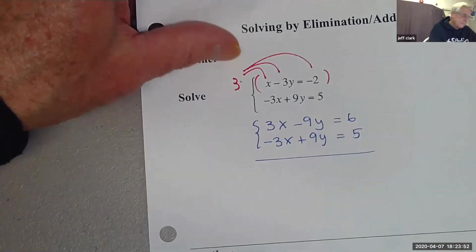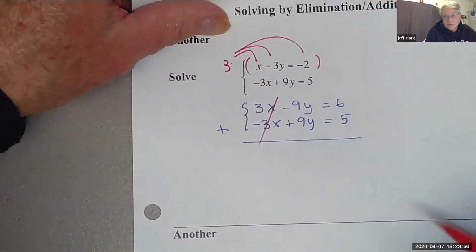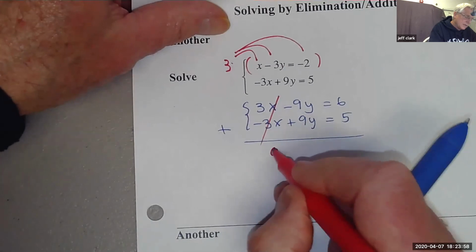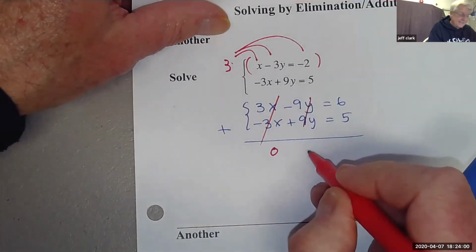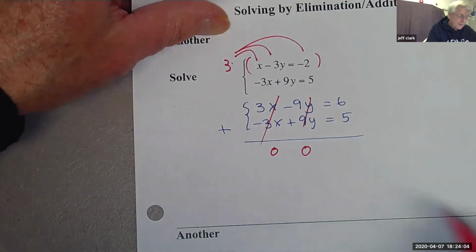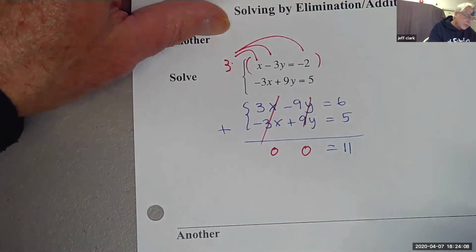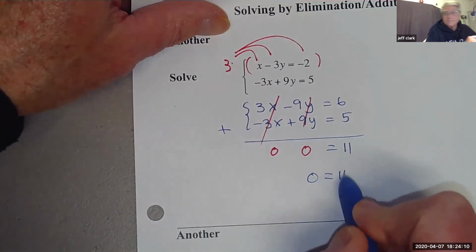Add straight down. That's 0. That's 0. You might think you made a mistake, but we didn't. And of course, this equals 11.